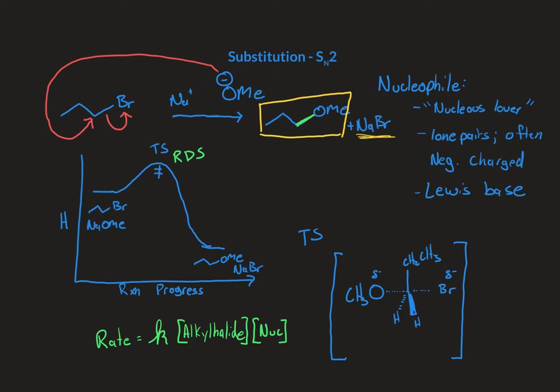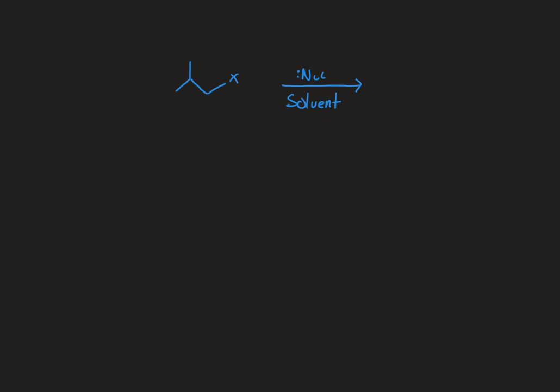There are three main factors that affect the rate and sort of quality of an SN2 reaction. The first is the nucleophile, which I've abbreviated NUC with a pair of lone pairs on there. And you must have a good nucleophile or a strong nucleophile for an SN2 reaction to occur.